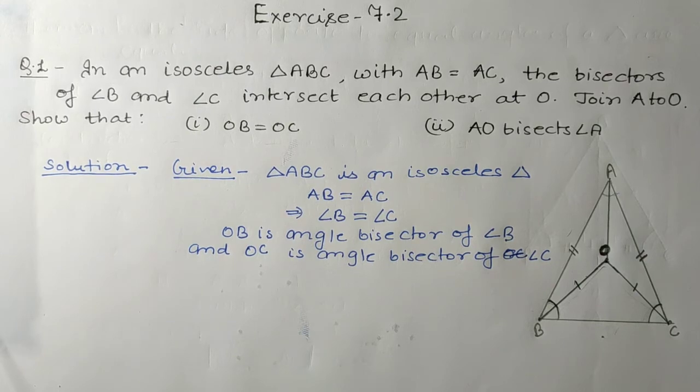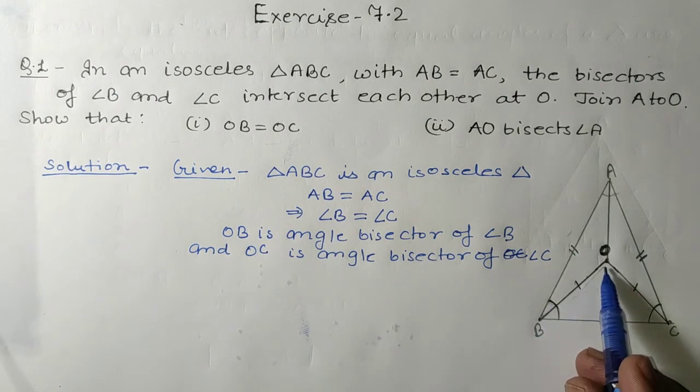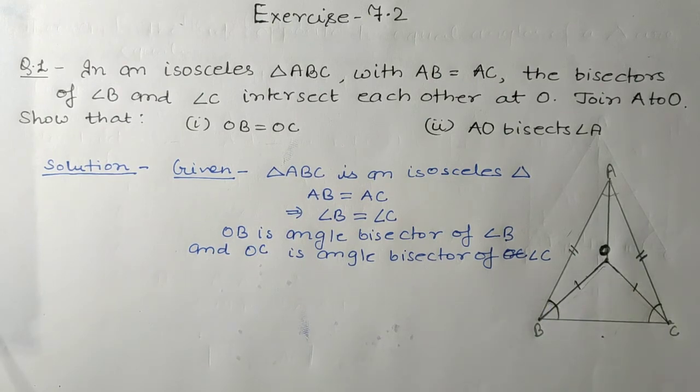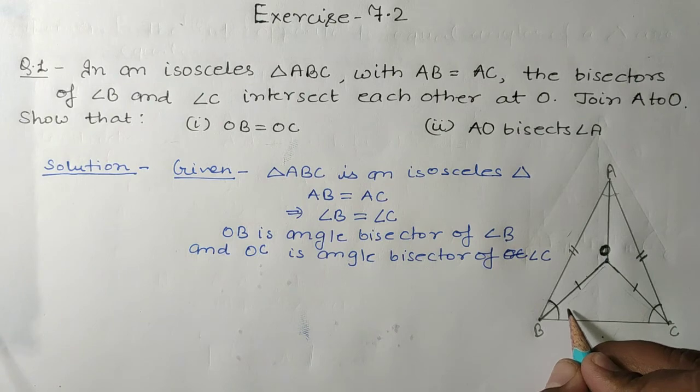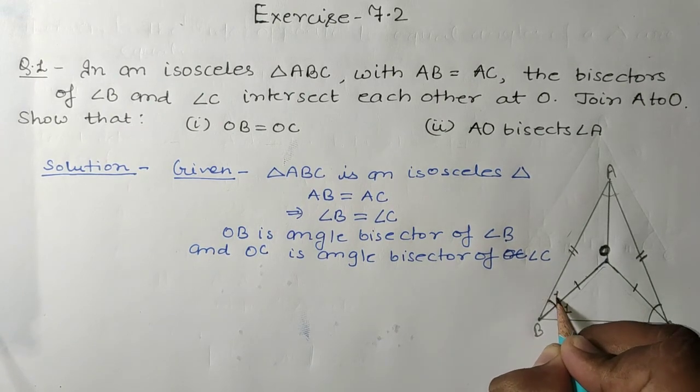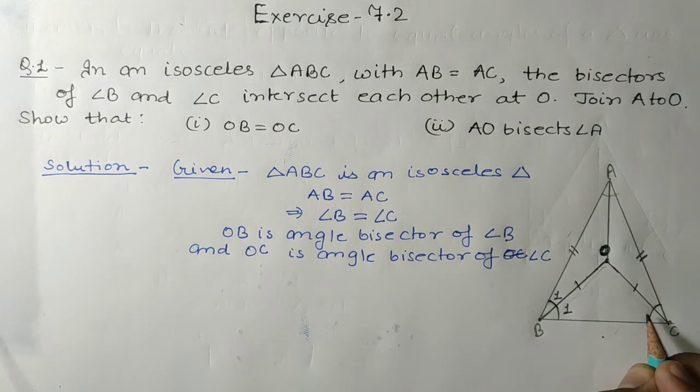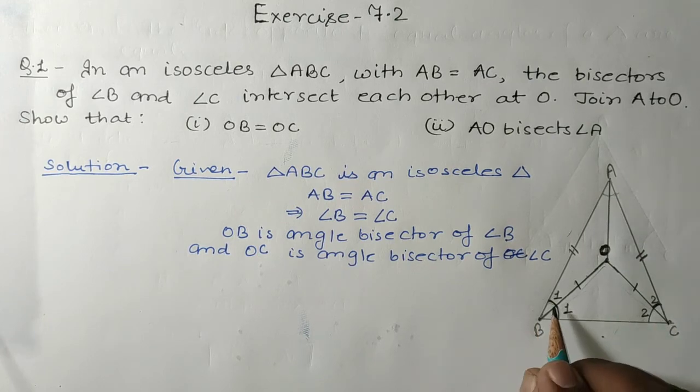Okay, so suppose if this is the bisector of this angle, then if this is 1, then this will also be 1. If this is 2, then this part will also be 2. Means both will be equal.